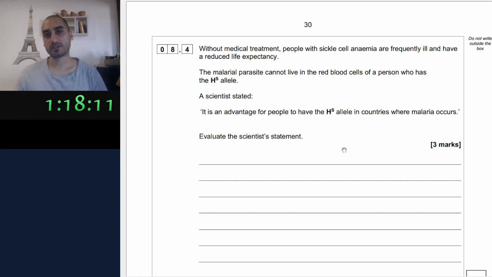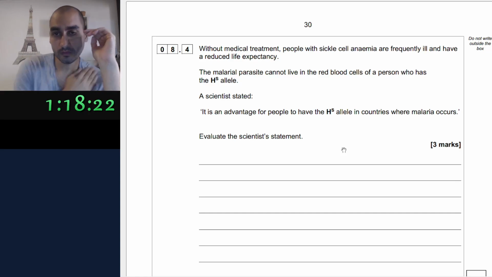Without medical treatment, so this is the whole malaria, sickle cell anemia thing, which is the classic example of a disease like malaria actually being helpful. Frequently ill have a reduced life expectancy. The malarial parasite cannot live in the red blood cells of a person who has the HS allele.